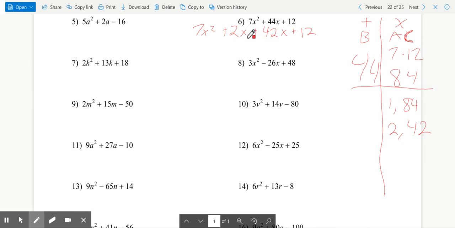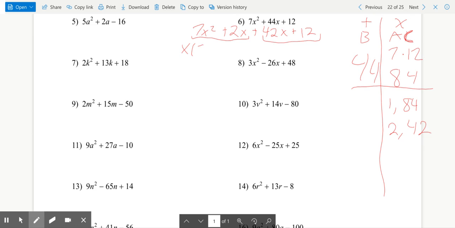So I'm going to factor out a greatest common factor from these two, and I'm going to factor out a greatest common factor from these two. That's always going to be my strategy here. So what does 7x squared and 2x have in common? Well, 7 and 2 don't have anything in common, but we have an x in each one of these, so we can factor out an x.